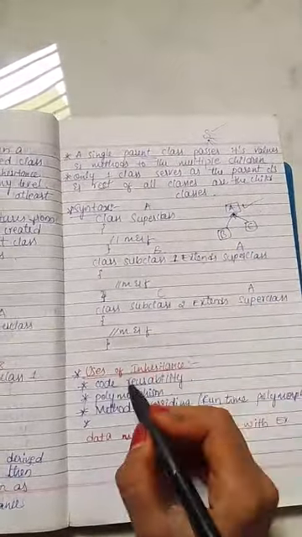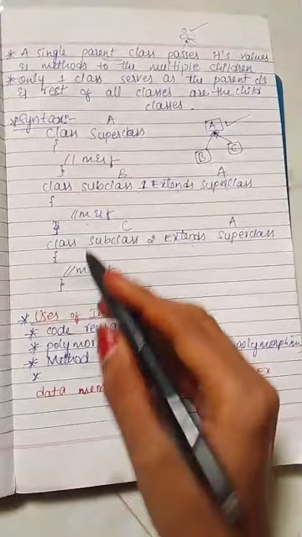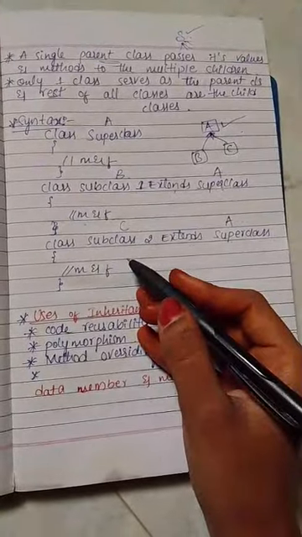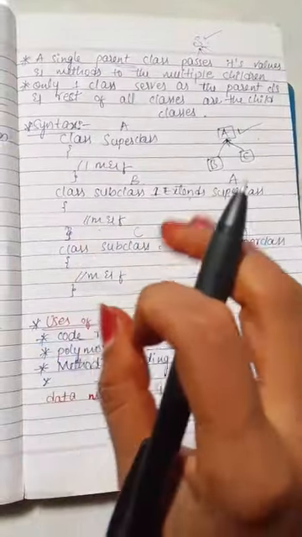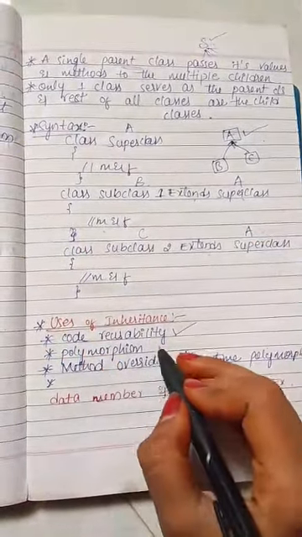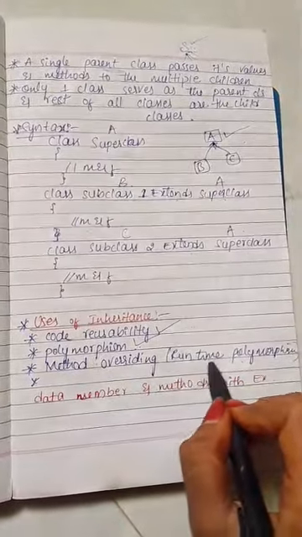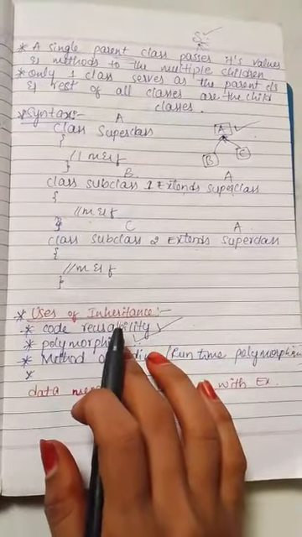That's why code reusability is very important. Polymorphism means that inheritance can have multiple forms. We are using inheritance in multiple forms, so polymorphism is also very important. Method overriding, runtime polymorphism. These are the uses of inheritance.